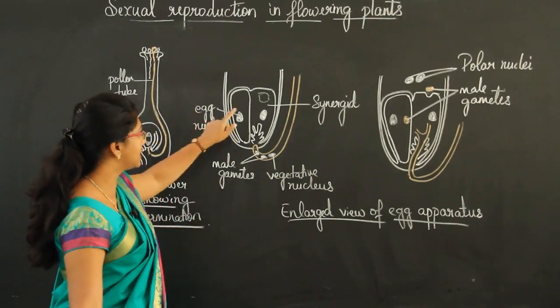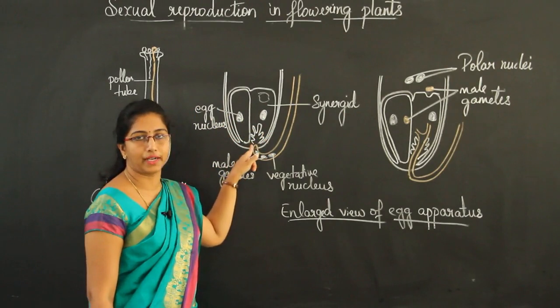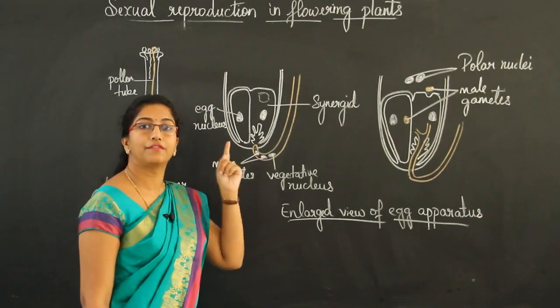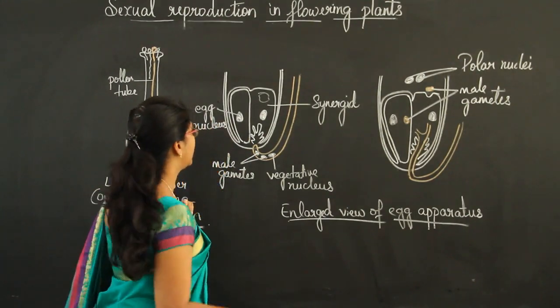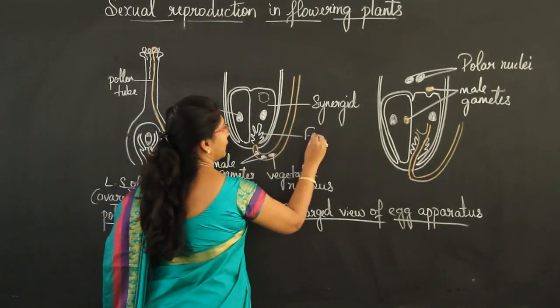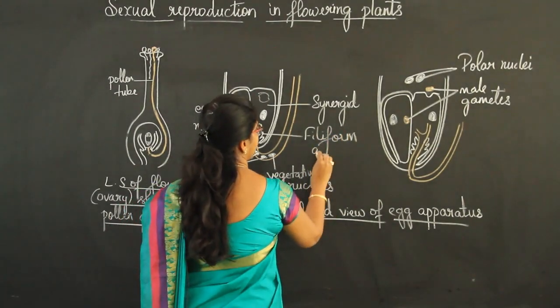Now in the synergids, these finger-like projections you find here are called the filiform apparatus. So this structure here, we call it the filiform apparatus.